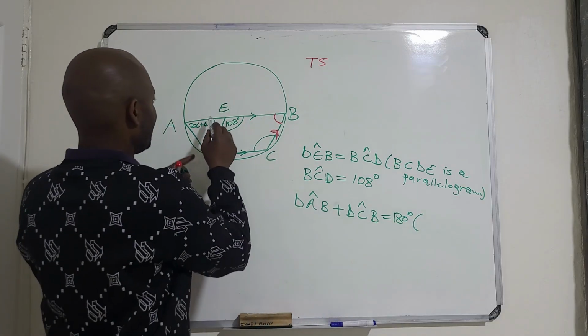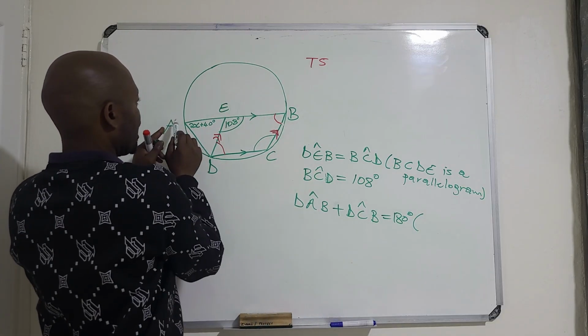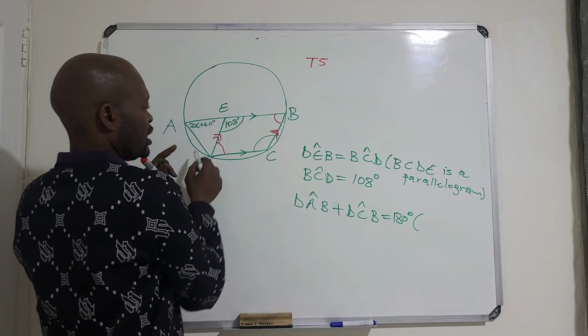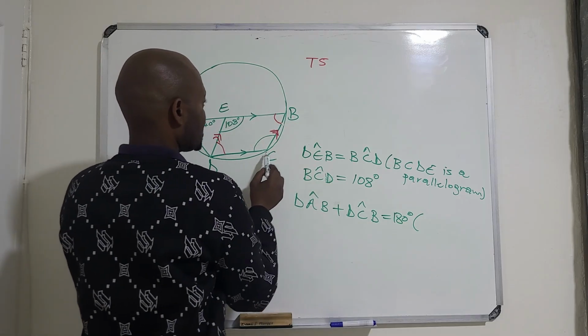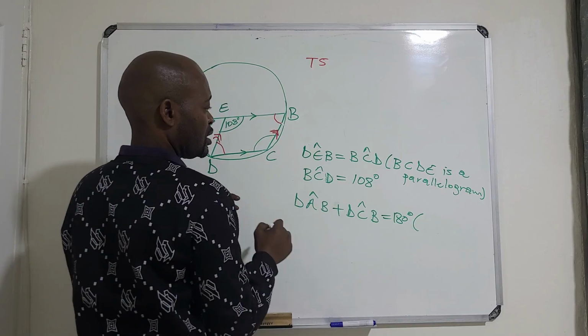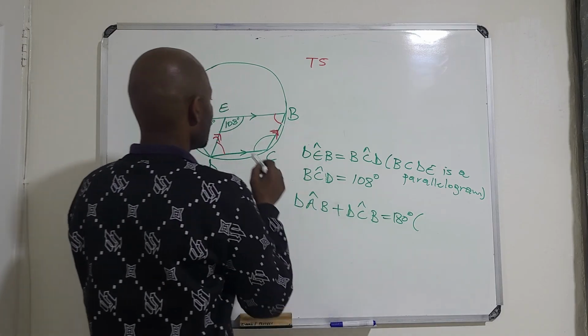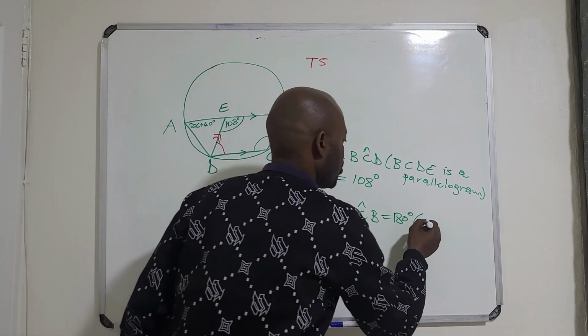This means that this angle, which is angle AB, plus angle CB, this angle, is equal to 180 degrees, opposite angles of a cyclic quadrilateral.